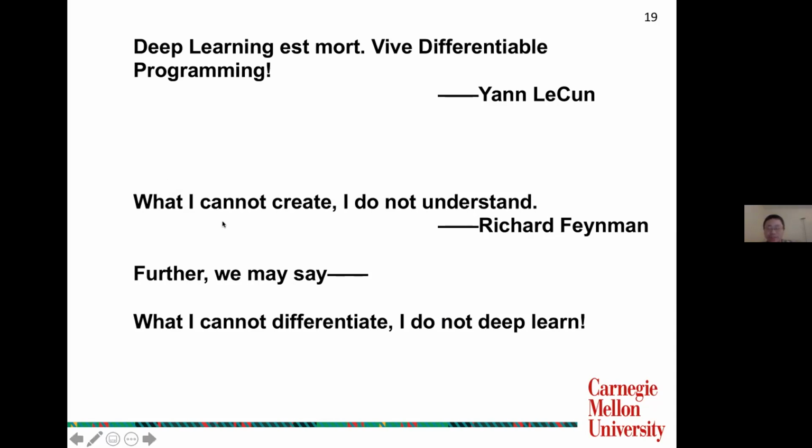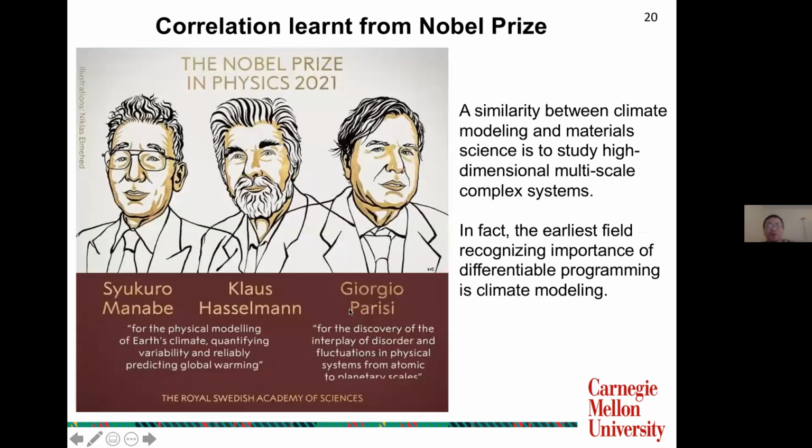This is actually what deep learning can do. But for deep learning, we need to make our model differentiable. We also have some learning from the Nobel Prize. Last year, the physics prize was given to three people, and actually their fields are quite different. Two of them focused on climate modeling, and the third focused on statistical mechanics, which is closer to material science.